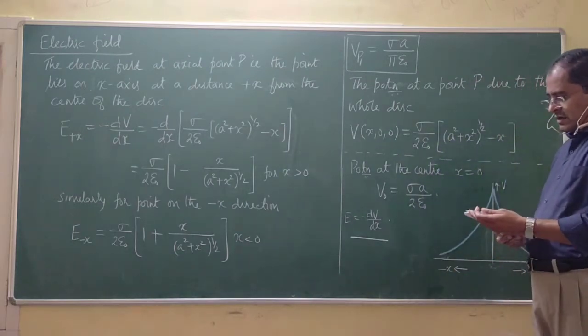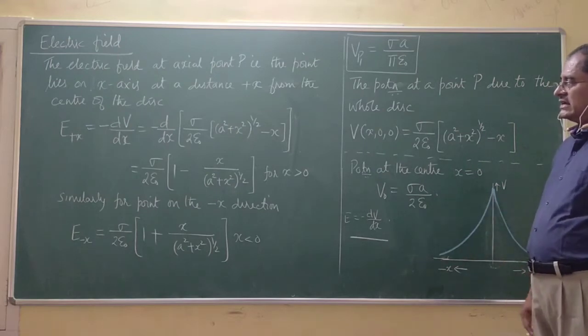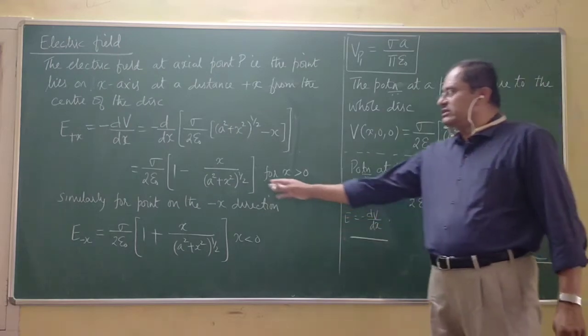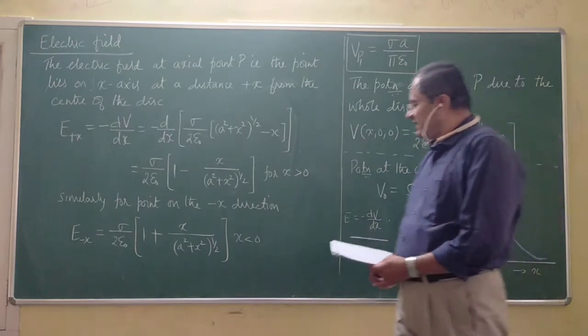Now, if you ask me what is the electric field at the center, all that you need to do is substitute x is equal to 0. I will write that here.